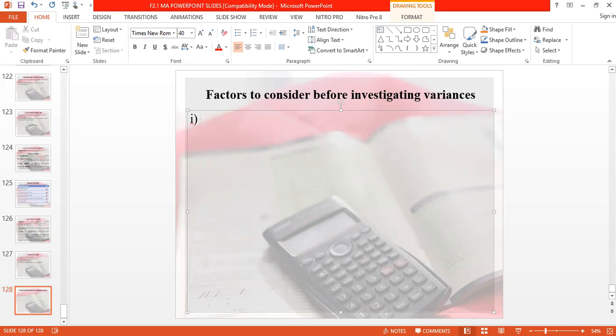So what are the factors to consider before investigating a variance? The first factor is materiality. What do we mean by materiality? It is how much the variance is. We consider the significance of the variance in comparison to the budget.